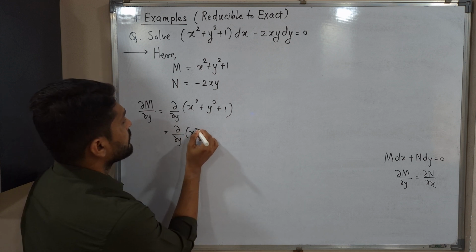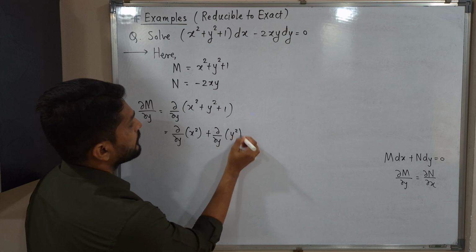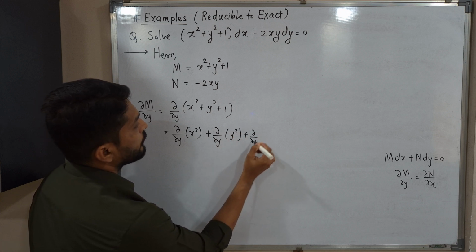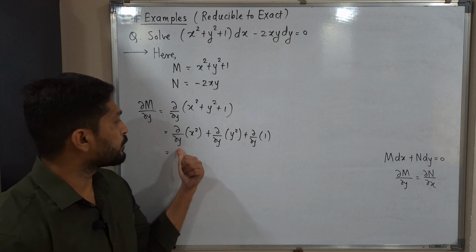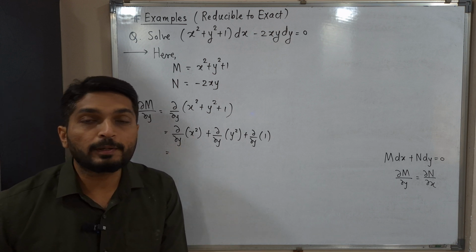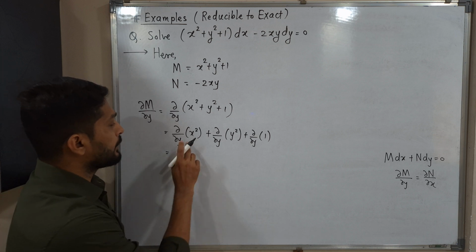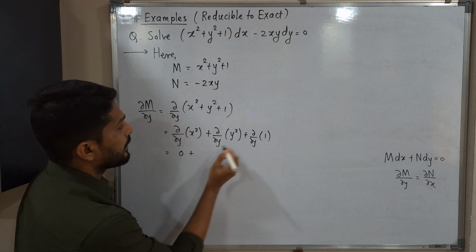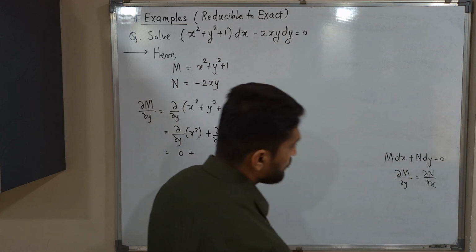Derivative of x square, derivative of y square, and derivative of 1. We are differentiating with respect to y and we have a function of x. So when you differentiate with respect to y, x and functions of x are constants. Derivative will be 0.